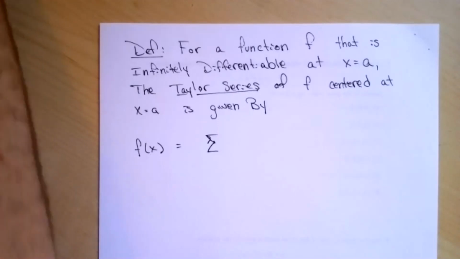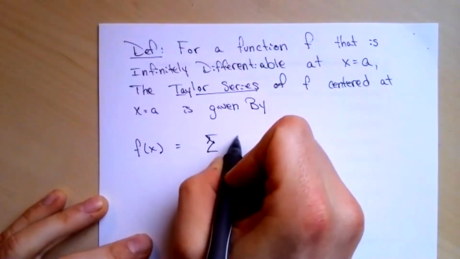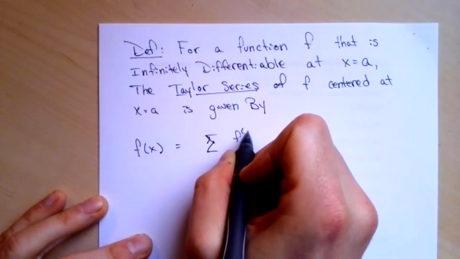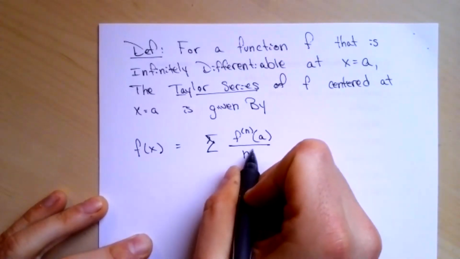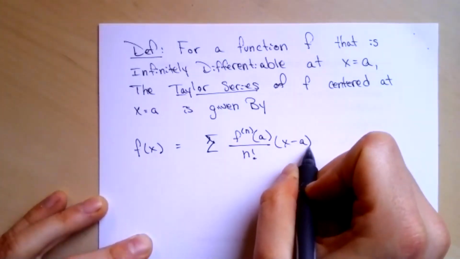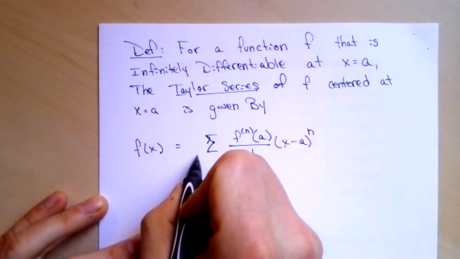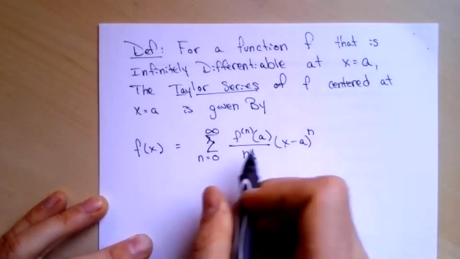Yeah, they just declare f of x equal to this. So it's going to look like f^(n) of a over n factorial. These are our coefficients times x minus a to the n, and the sum starts at 0 to infinity.